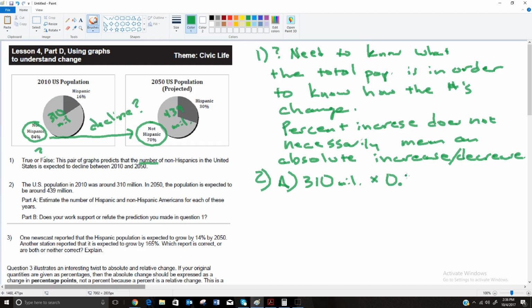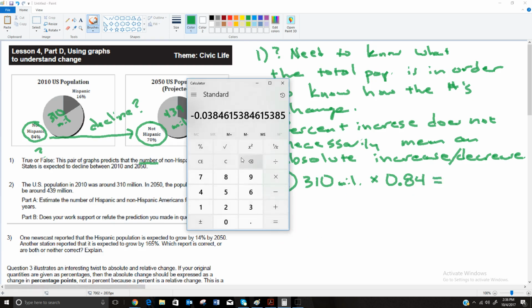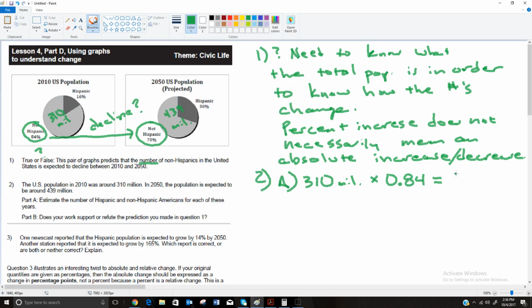So 84% as a decimal would be 0.84. And if I calculate that out, I'm going to do it in reverse, but it'll be the same. 0.84 times 310, so 84% times 310 million, gives us that currently, or in 2010 at least, there were 260.4 million non-Hispanics.